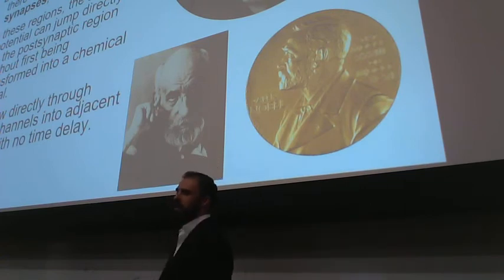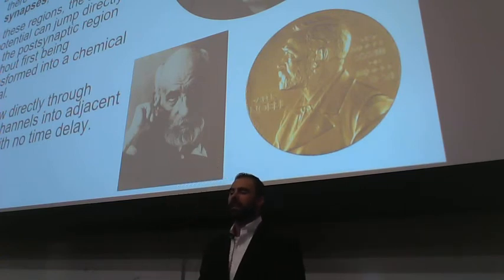The idea here is that an action potential can actually send an electrical signal directly from one cell to another. How do you think that could happen? The membranes actually physically touching?